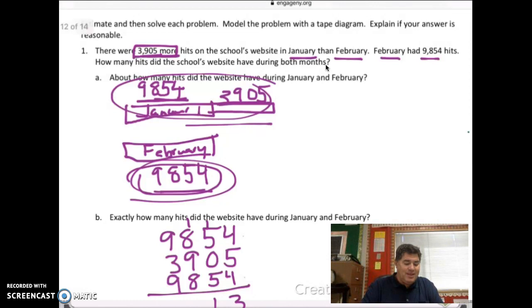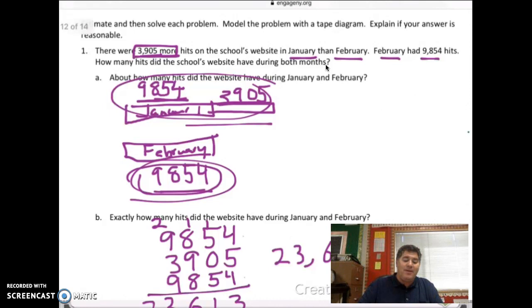Carry the 1. 9 plus 1 is 10, plus 8 is 18, plus 8 more is 26. So we're going to put the 6 here, and we're carrying a 2 because it's 26. And then our last one is 9 and 2 is 11, plus 3 more is 14, plus 9 is 23. So my answer is 23,613 hits. Okay, that's what I got.